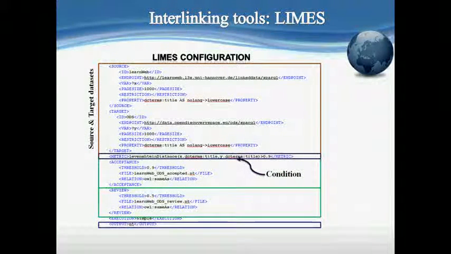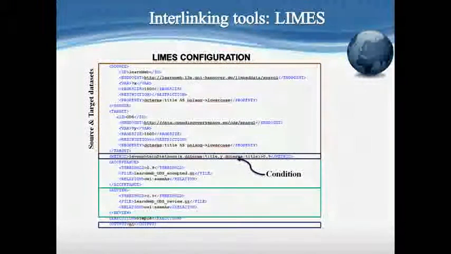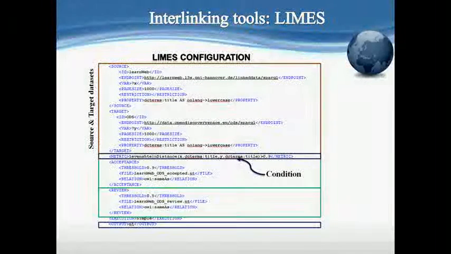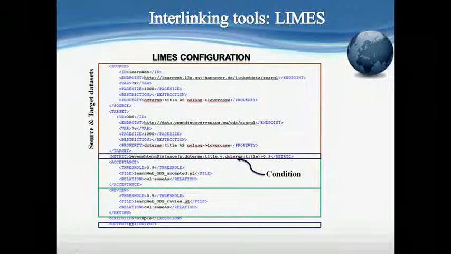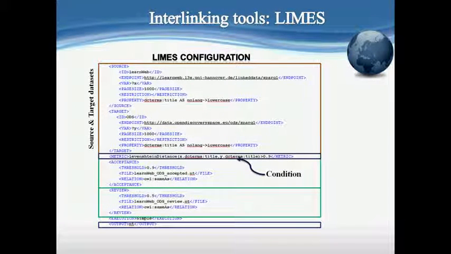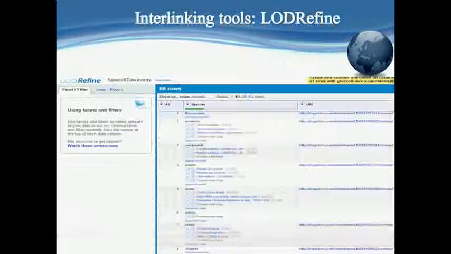Limes also has XML files for configuration. You can specify your source data, your target data, the conditions and filtering for each data source, and specify the algorithm that you want to use for interlinking and some thresholds, and the final file that includes the result of interlinking.